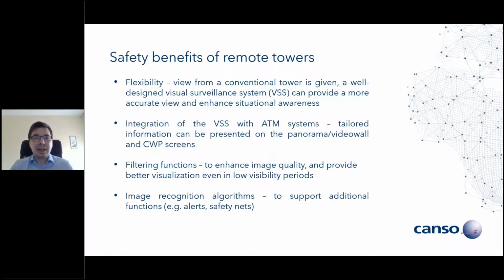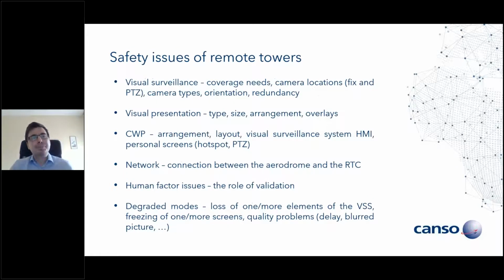Filtering functions can enhance image quality in low visibility conditions based on infrared or thermal camera technologies, and image recognition can also support additional functions and safety nets, for example, to mark moving objects like pedestrians or vehicles in the maneuvering area. The next slide, please.